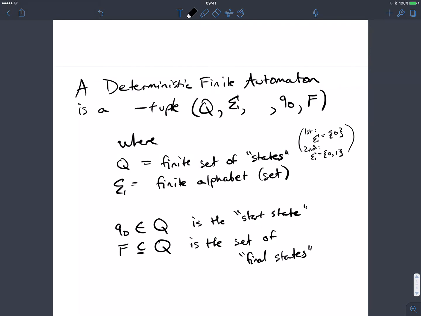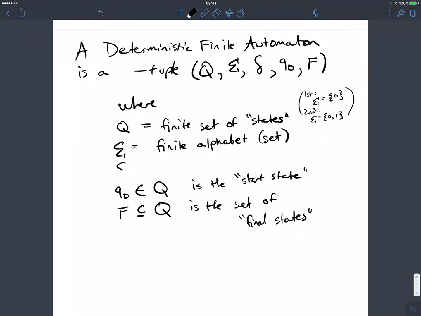Should I allow you to go to 2? No, because then you'll have to make a decision as to which one you're going to do. So we're going to allow you to go to exactly 1 state. This middle piece we're going to call delta, and delta is the transition function of the machine.